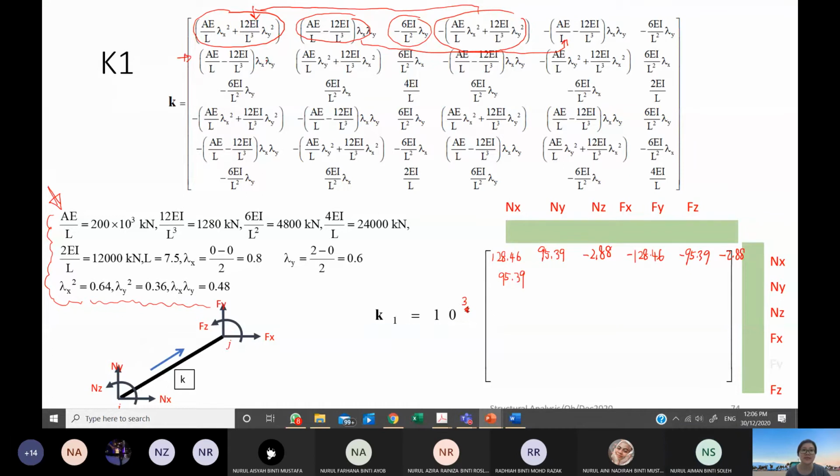If you can see, it's actually the same as this, right? So the next one is not the same as the others. Please, what is this value? 128.46. Can you recheck? It's different. Just now lambda, oh, reversed. This is lambda y right now. Wait.